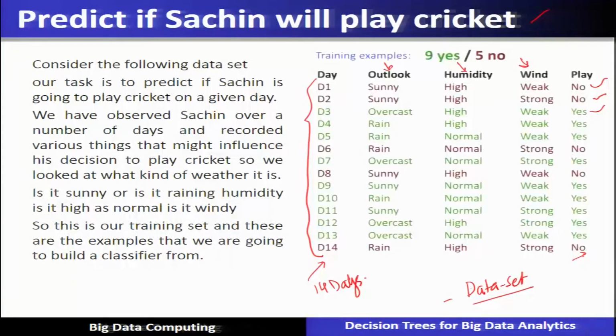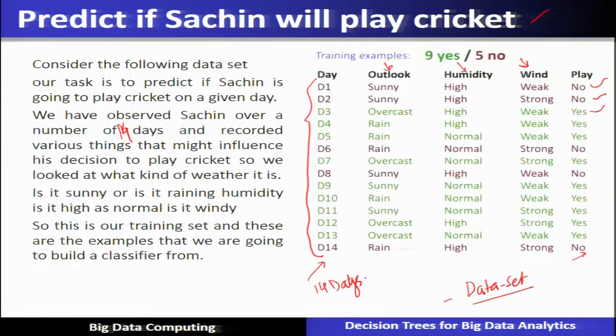So, let us see how a decision tree is going to be useful. Consider this data set, where our task is to predict if Sachin is going to play cricket on a given day. We have observed the game playing of Sachin over 14 days and recorded various conditions that might influence his decision to play cricket, such as whether it is sunny or raining, the humidity, and the wind.